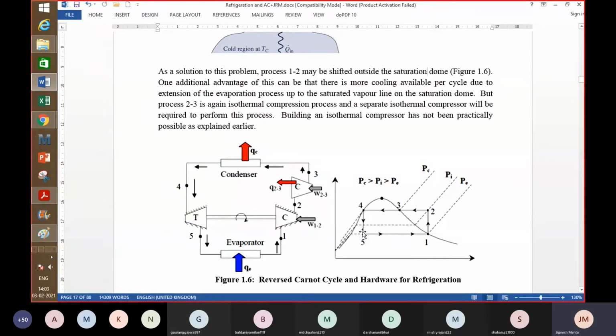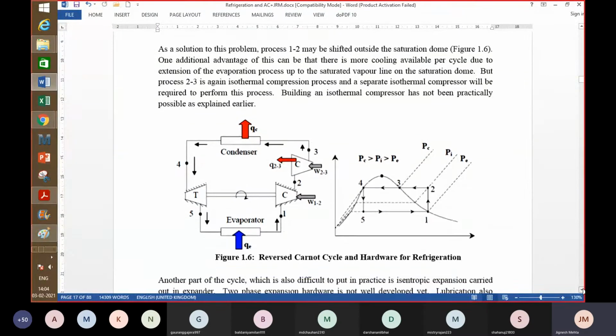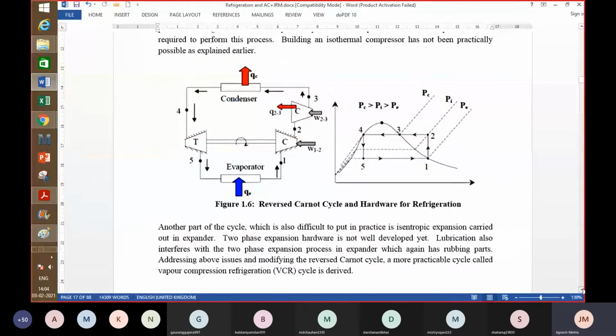It's a fast moving machine, and again liquid particles are getting generated, which can damage the fast moving component, whether it is a piston cylinder system or a rotating system. So 4-5, the issue is still not fully resolved, and then 5-1 is the evaporation process, which can occur in the evaporator.